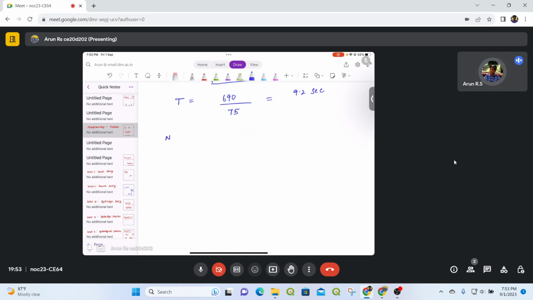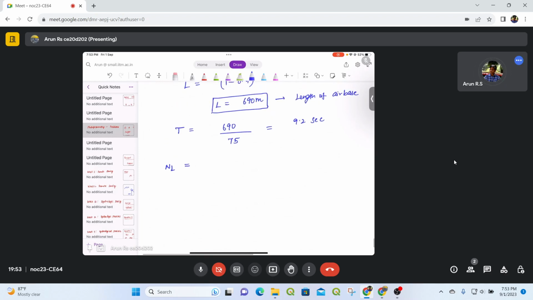Now we need to determine the number of photographs on the longitudinal side. So that is the distance covered on the ground.